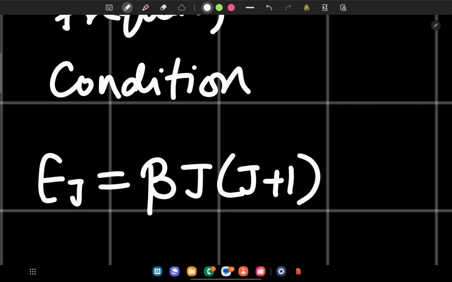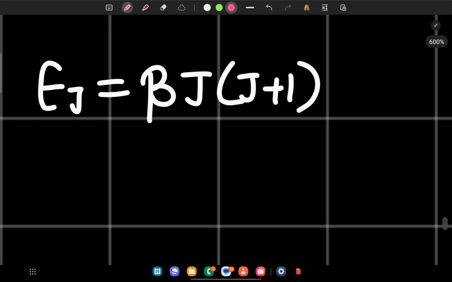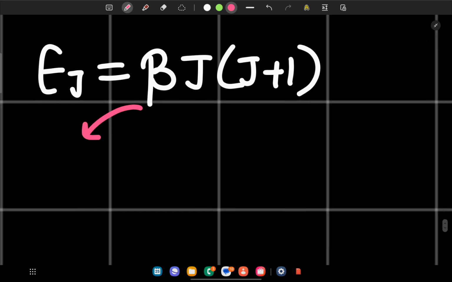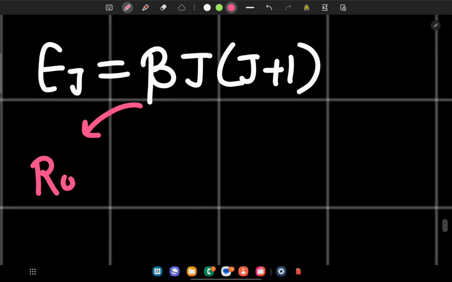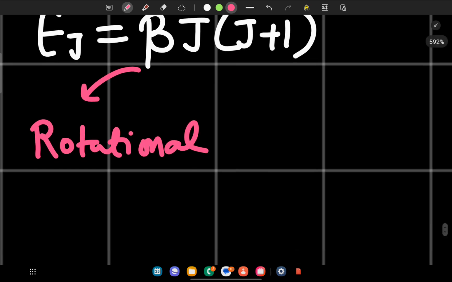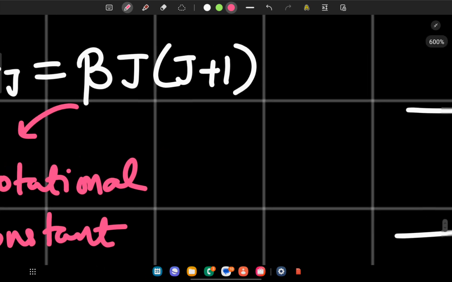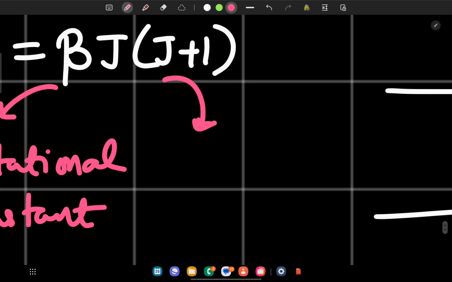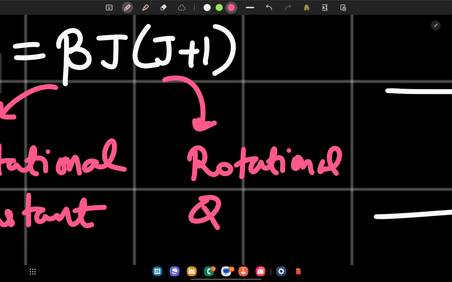Now, what is the significance of each term in this equation? The B stands for the rotational constant. What does the J stand for? J stands for the rotational quantum number.